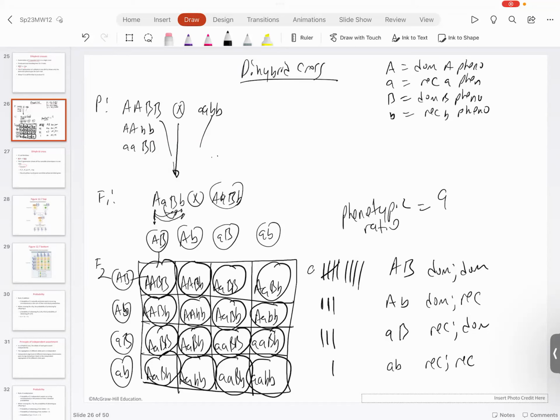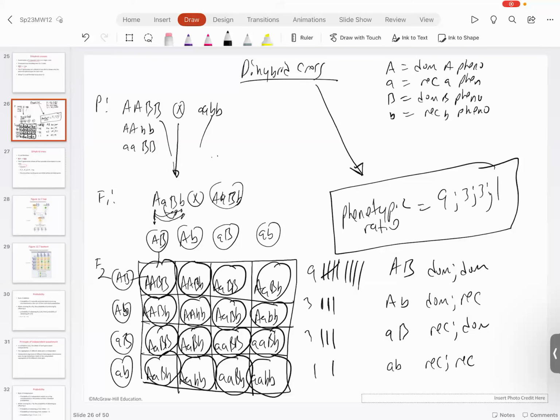Nine, 3, 3, 1. This ratio, just like 3 to 1 and 1 to 2 to 1, are diagnostic for dihybrid cross.